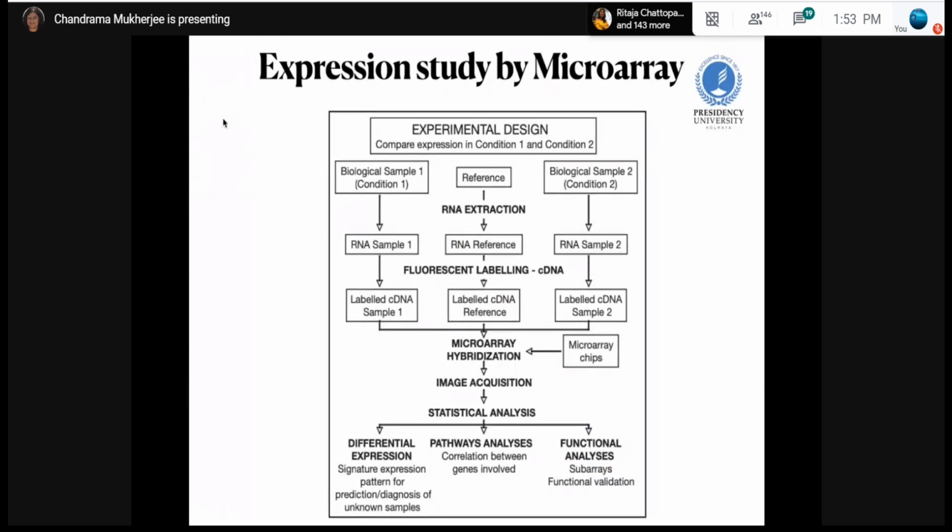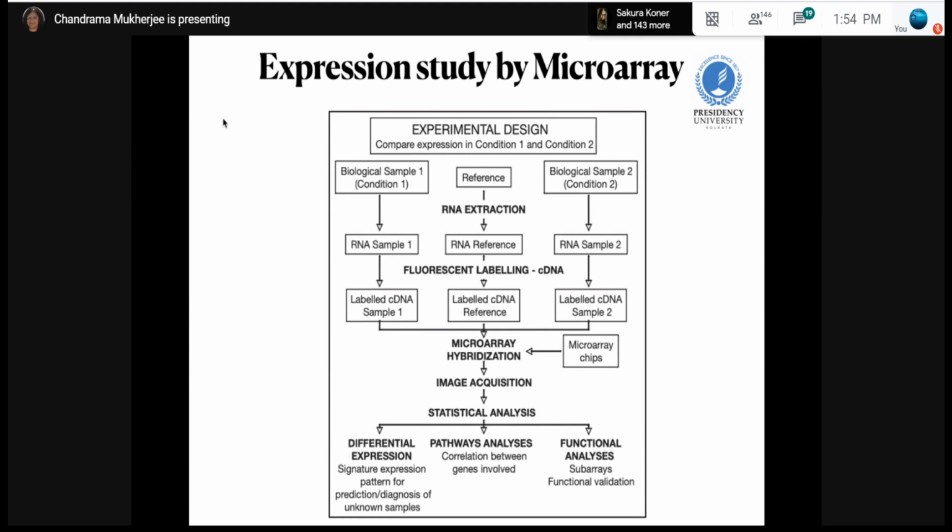So another technique which is widely used for determining different bacteria, or basically the relationship of the marine microorganism with the environment, is microarray. In microarray, what we usually do is measure the expression of RNA.